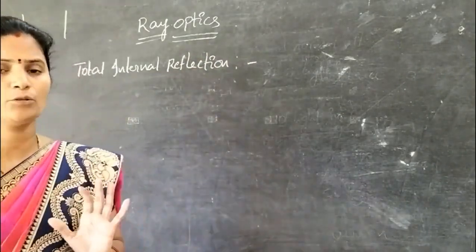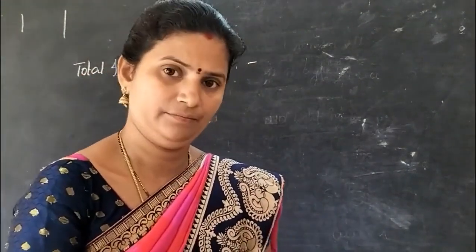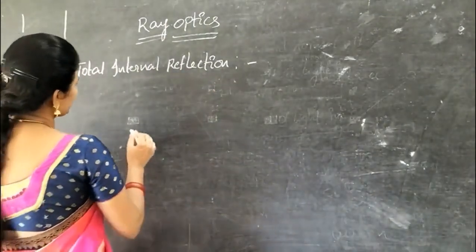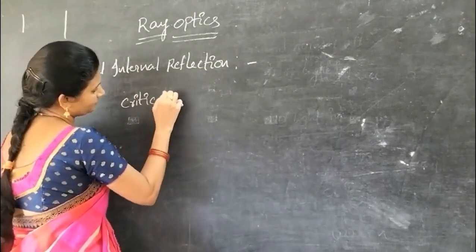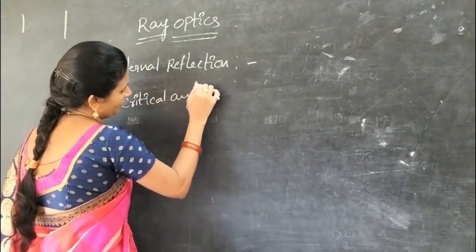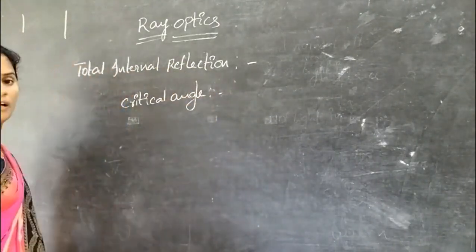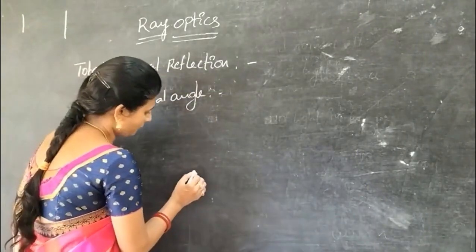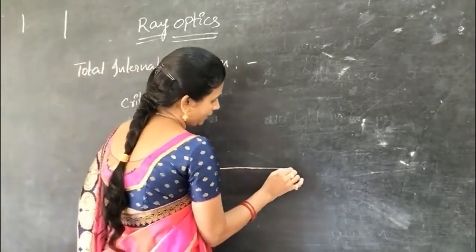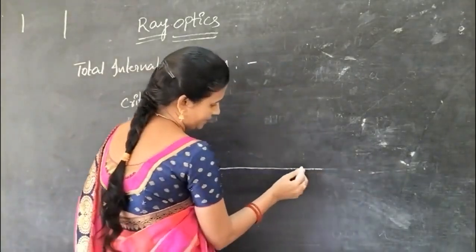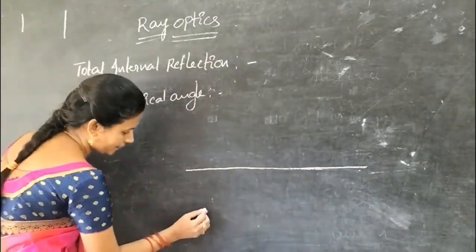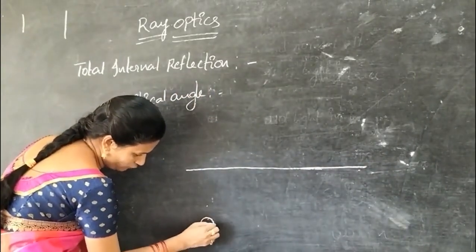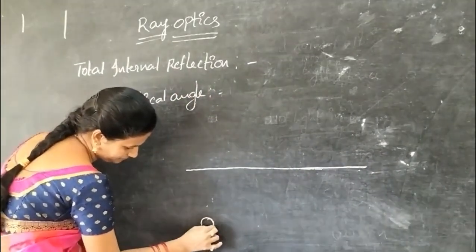First of all, we have to learn what is critical angle. Critical angle means, suppose for example, this is the separation of the medium. Let us consider one of the objects.